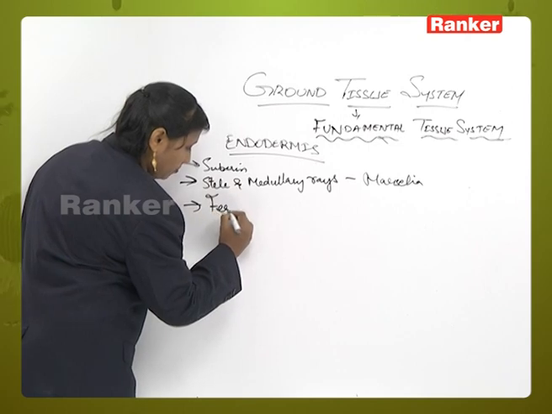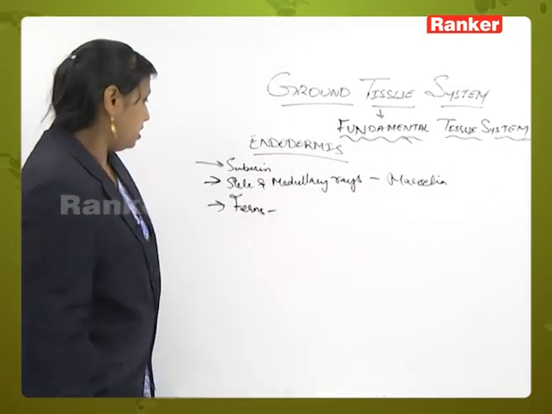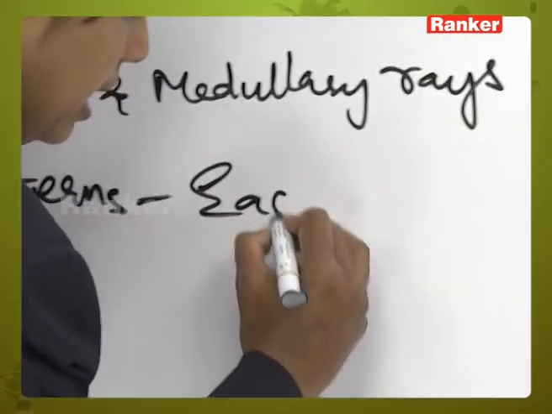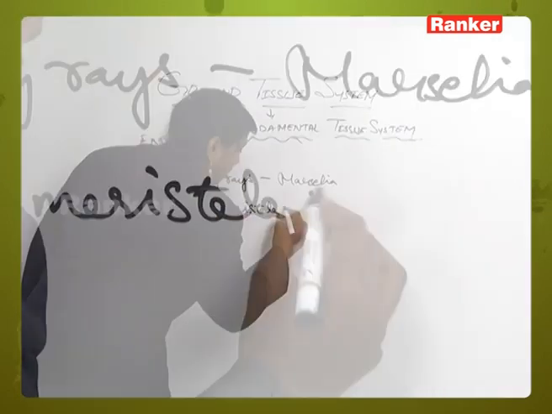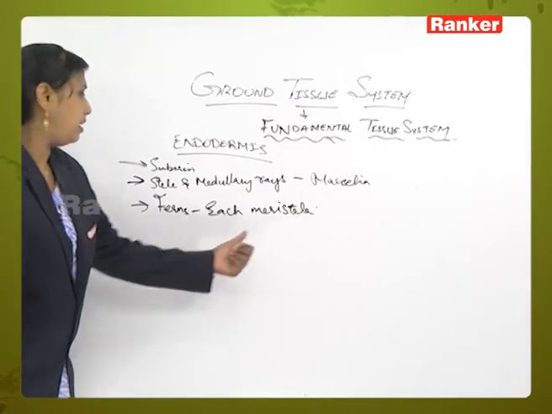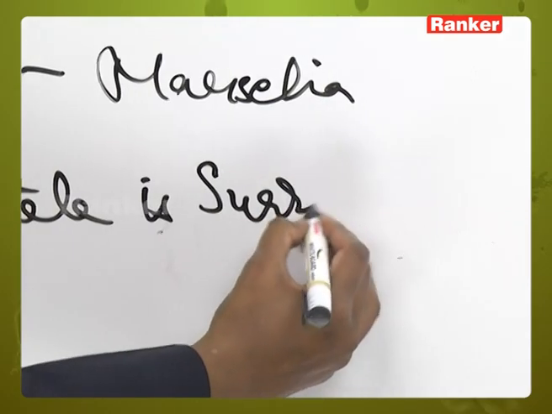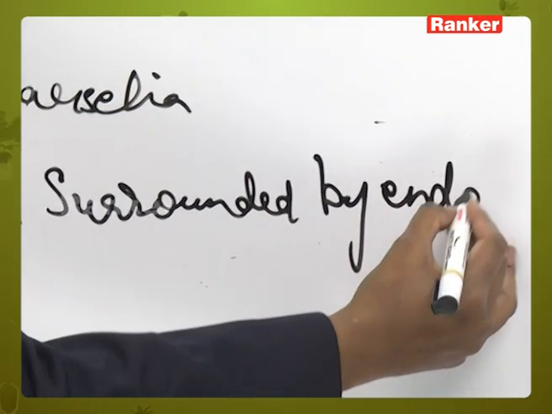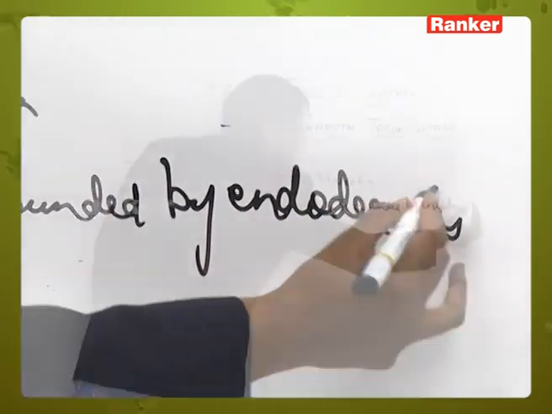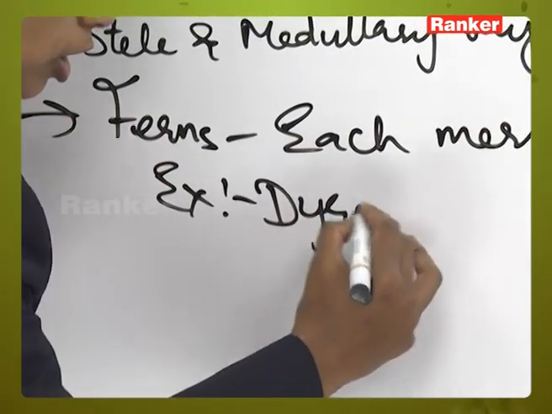In ferns, the endodermis surrounds each meristele. The meristele is surrounded by endodermis. An example for this will be Dryopteris.